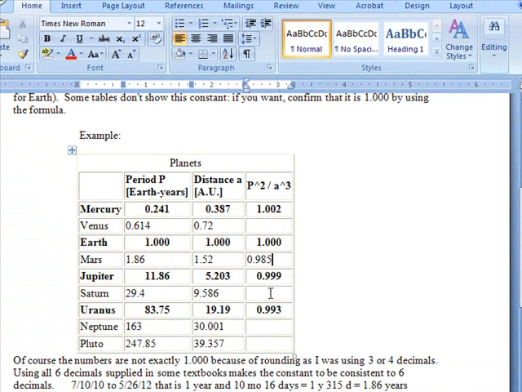The gist of the story is that when you calculate this one here for each planet, you come up with virtually the same constant, 1.002, 1.000, 0.985. You know, when you round that, it's really close. And that's what Kepler's third law says, that when you compare the planets, they obey this kind of relationship.